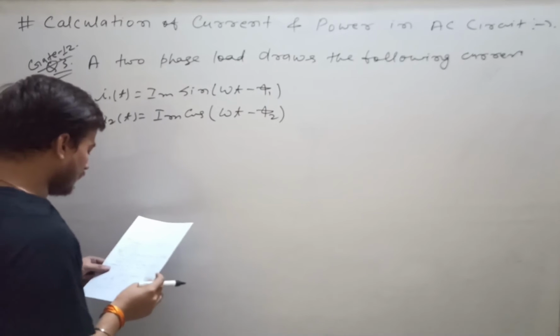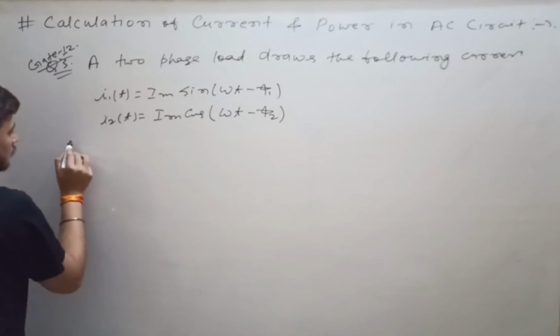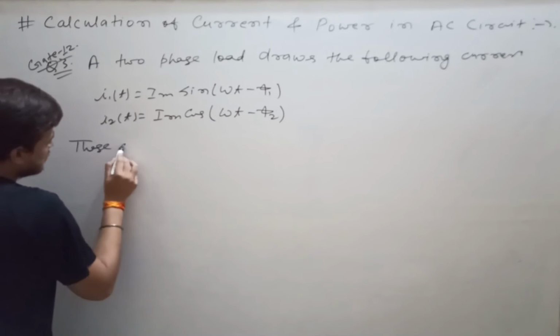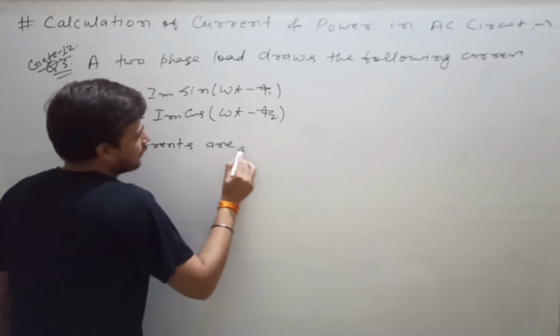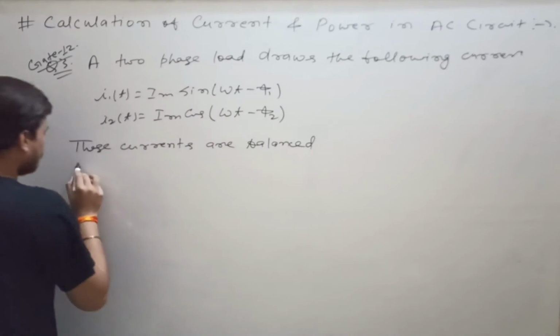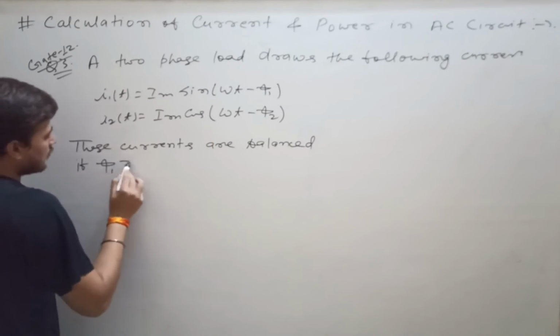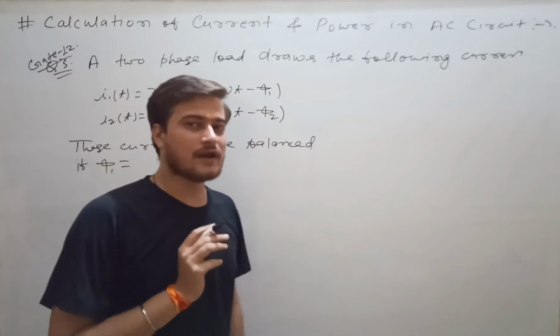Then they are saying that these currents are balanced if phi1 is equal to what? That means they are asking you the relation between phi1 and phi2.